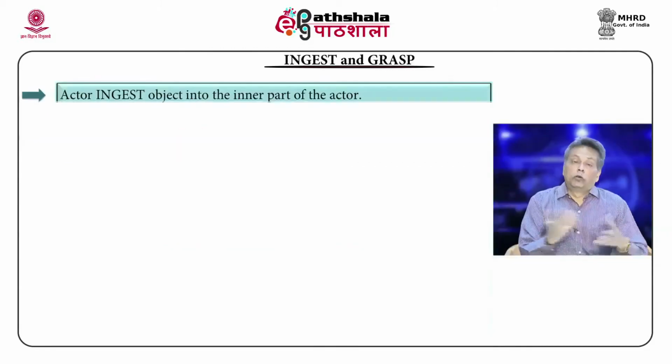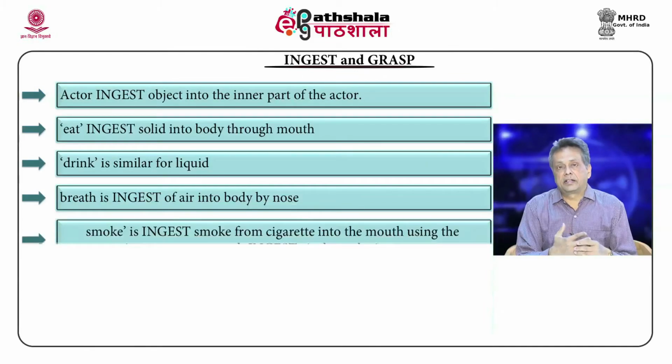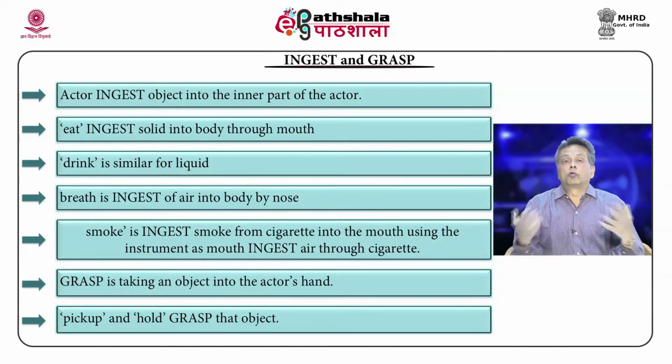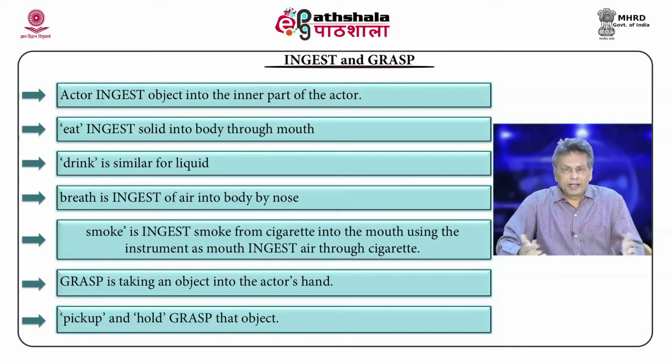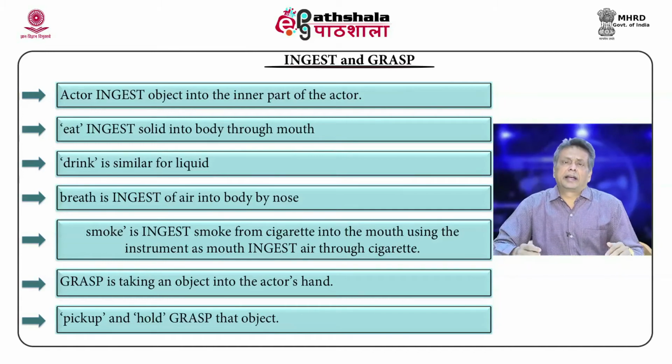One more primitive is called ingest, taking something from outside. For example, when you eat something, you are taking a solid object from outside, ingesting it, or drinking something which is liquid, which you are taking in. Breathe is again taking air in.